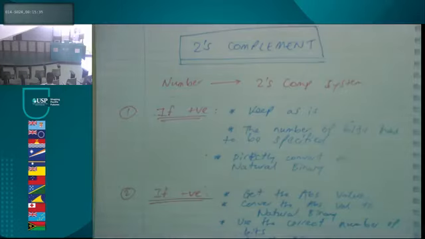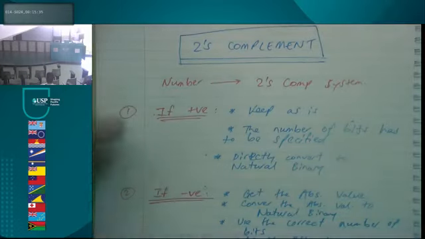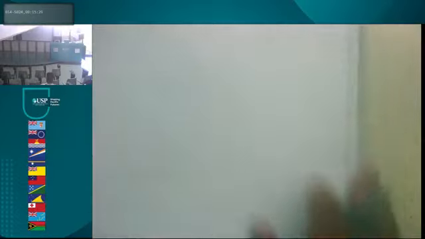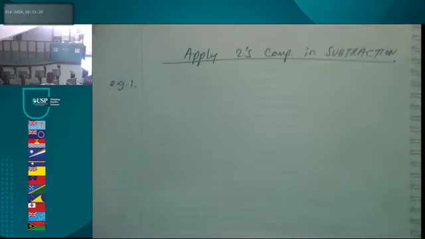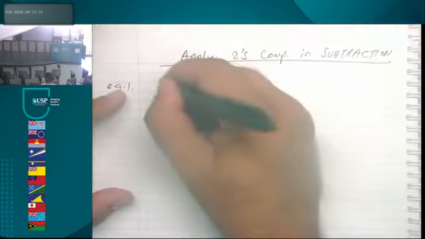I think I wasted a bit of time here by writing all this out. I think you would have been fine with me just showing you the example of the steps. Now remember, always cater for the number of bits. Let's do example 1.